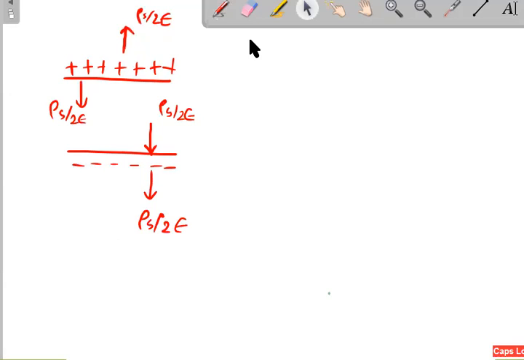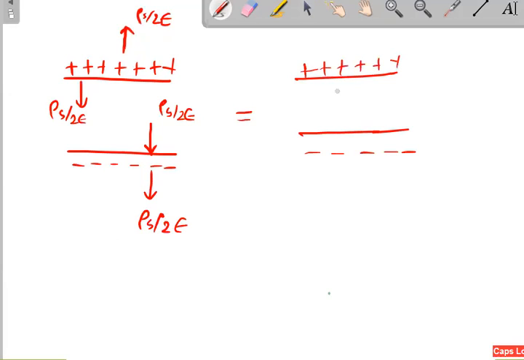So what is the equivalent structure? Finally, you will have only field inside the plates. Effectively the field is from plus to minus, and its value is rho s divided by epsilon, because you have to add these two values: 1 by 2 plus 1 by 2 is 1.